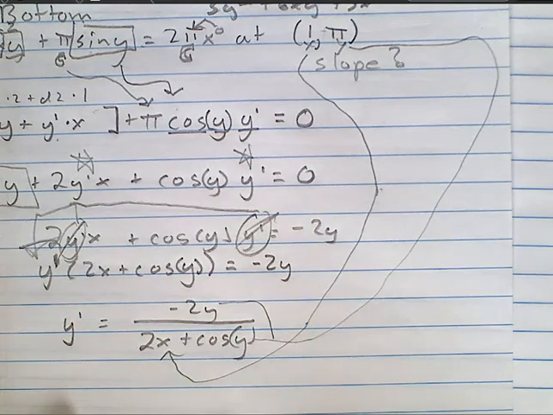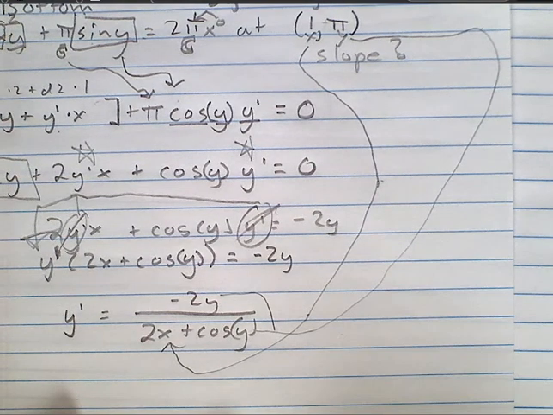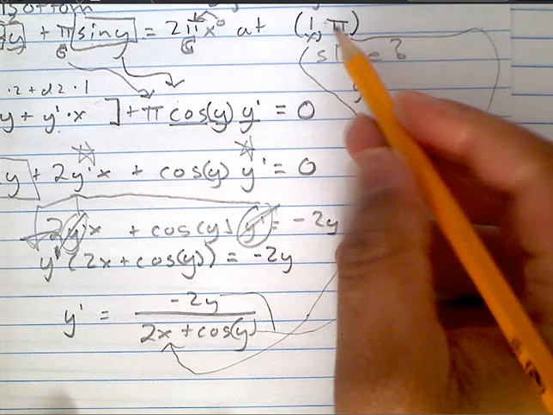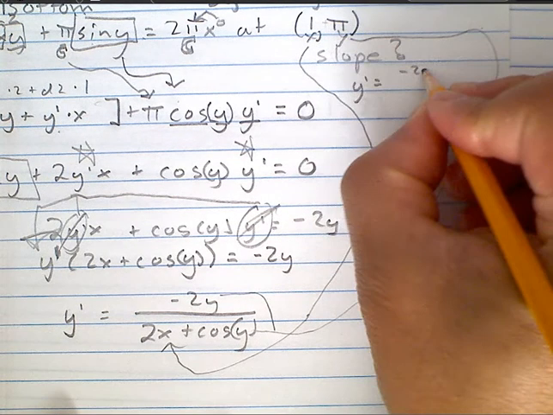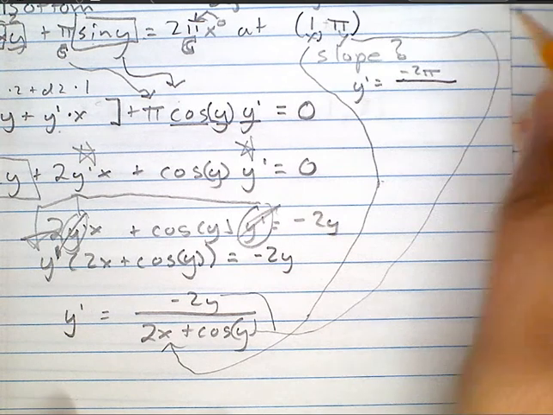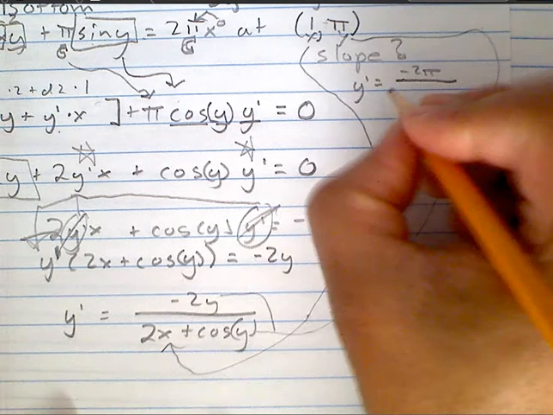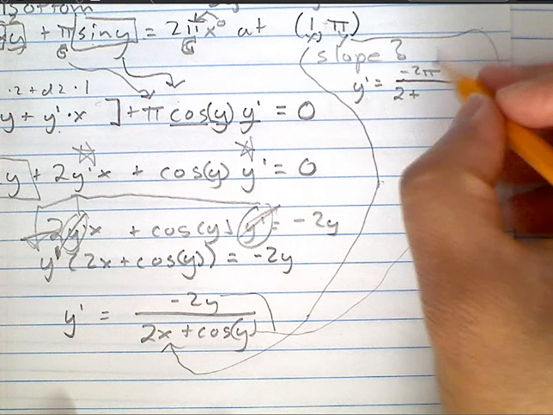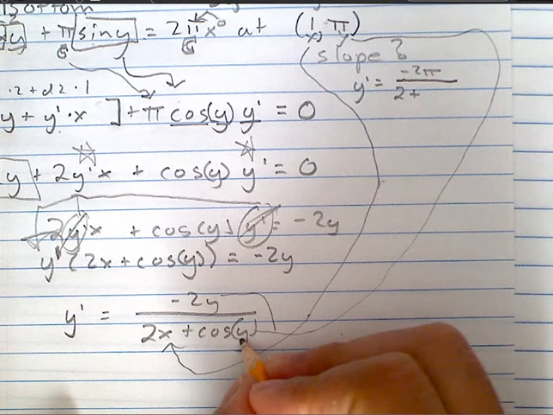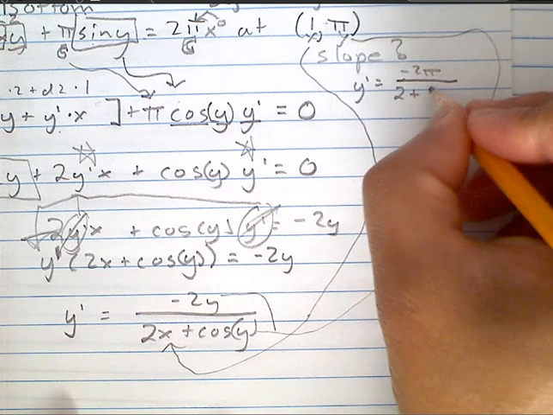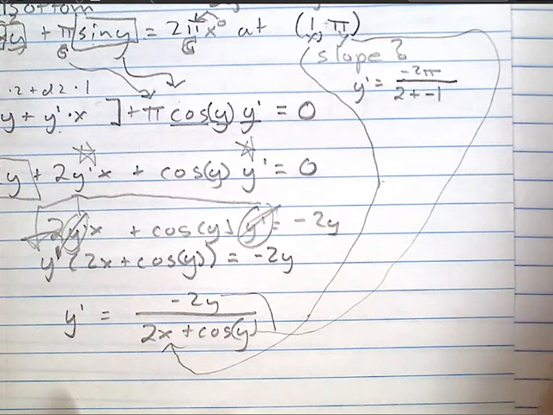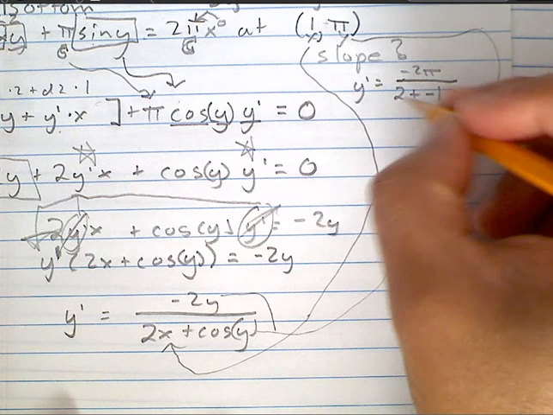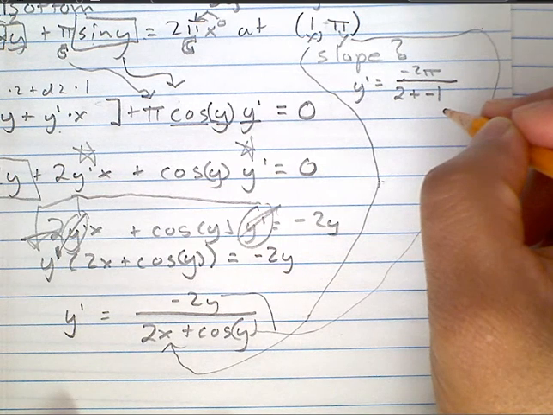So my slope ends up being y prime equal to negative 2 pi over 2 times x, so 2 times 1, 2, plus cosine y. Well, cosine y is cosine pi, which is negative 1, so 2 plus negative 1. I can simplify that pretty easy. That becomes 1, if I'm not mistaken.